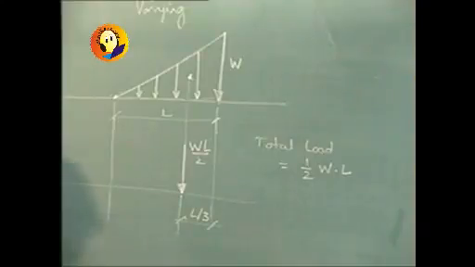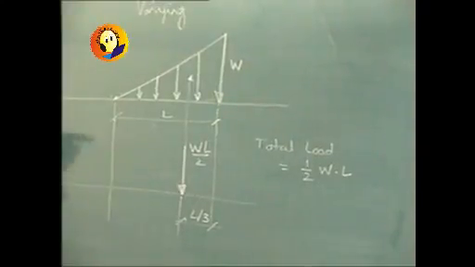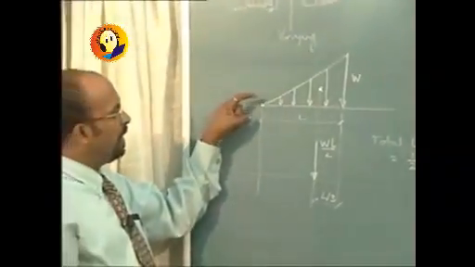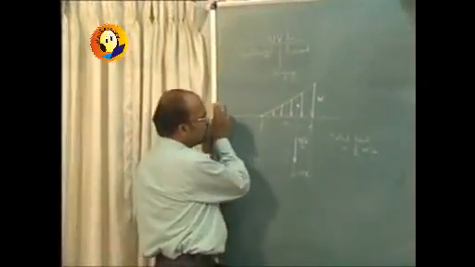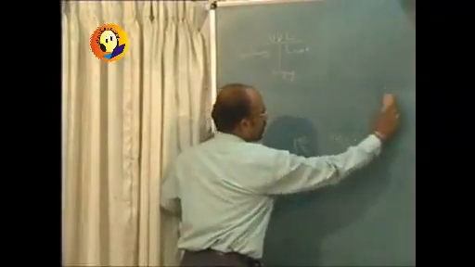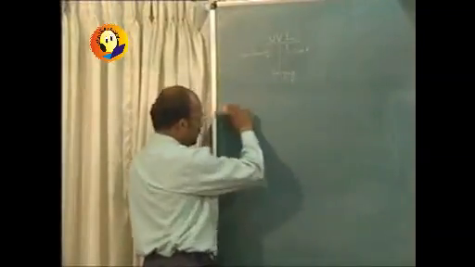The third type of loading is uniformly varying only, but in that case it will vary not from zero load, but it will be having some initial load also. So the diagram corresponding to it will be shown in this manner.